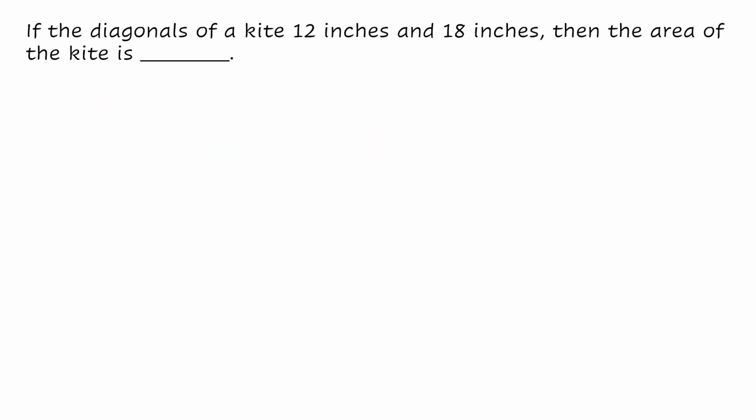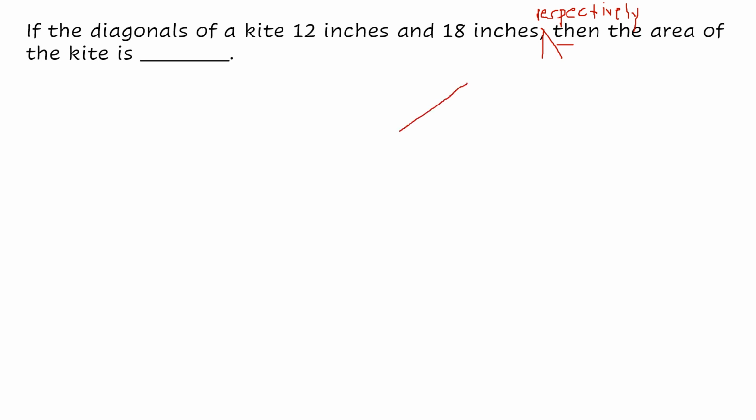Next question. If the diagonals of a kite are 12 inches and 18 inches respectively, then the area of the kite is blank.